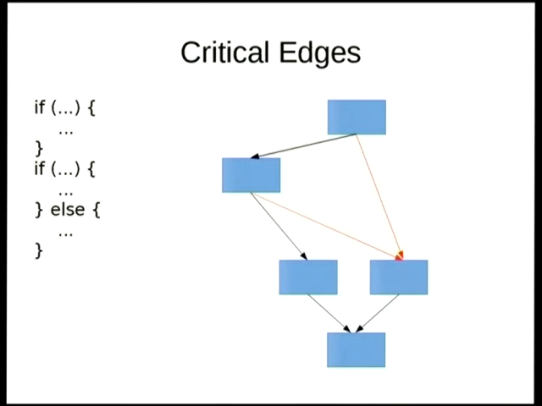A critical edge is just an edge between two basic blocks in the control flow graph where you have more than one source leading to more than one destination. Most optimization passes really don't like this, and they just tell you at the very beginning, remove critical edges. And if you look at LLVM, it has a pass to do this, of course, and it just inserts a basic block and splits that critical edge in half.